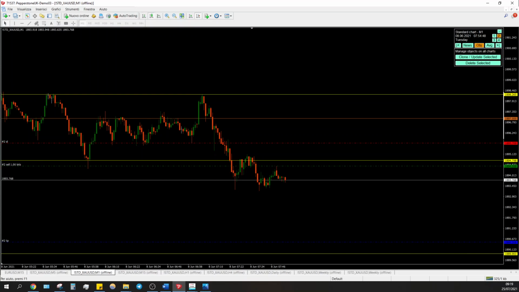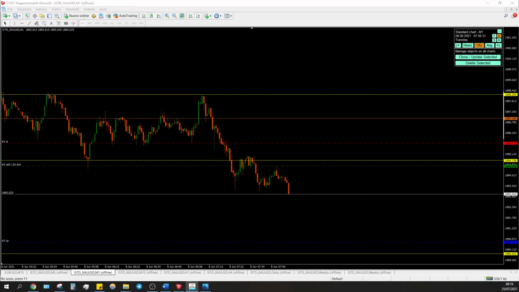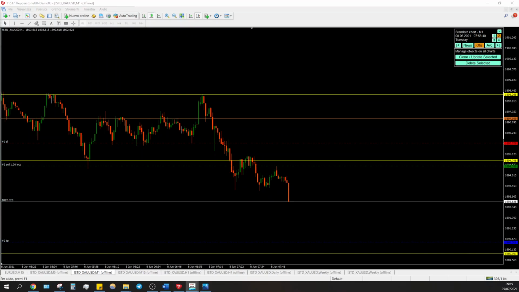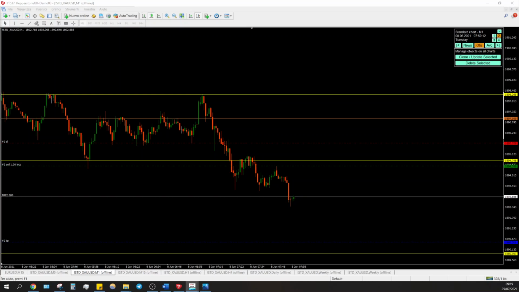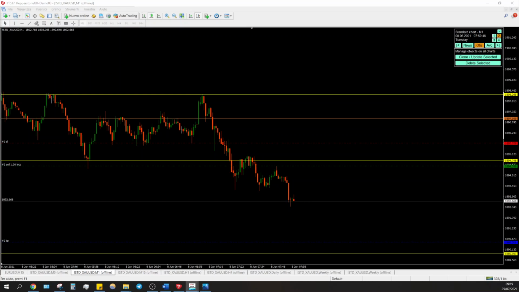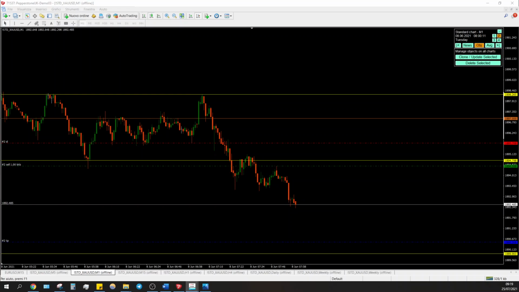Okay, we're 7, 8, 12 pips in profit. Okay, 20 pips in profit. There's no reason to leave the stop loss there. So this is the last lower high, so we don't want it to break above there.